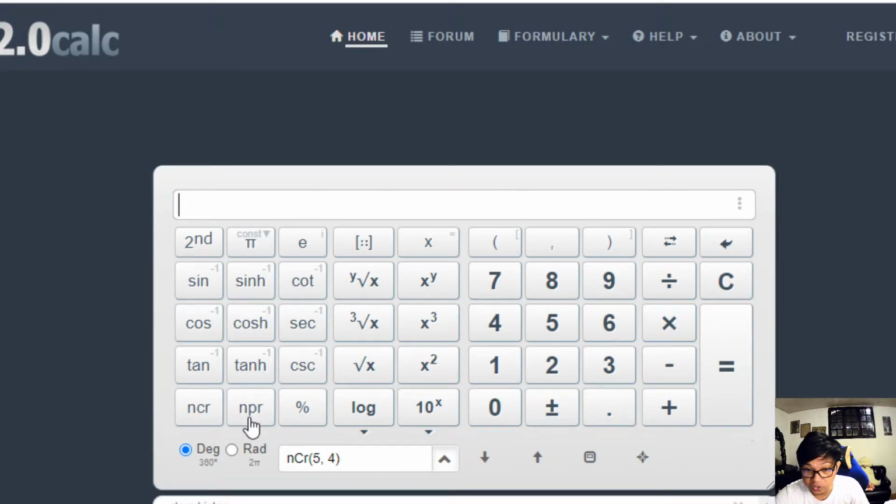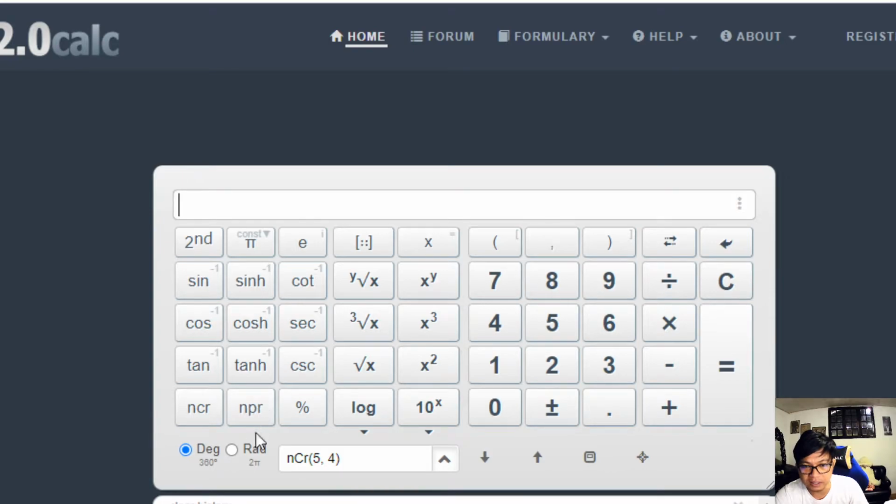Ito yung button for permutation. Now, in your calculator, especially if you're using scientific calculator, makikita nyo dyan sa calculator nyo, kung hindi man siya sa first function, kailangan i-shift para makita nyo yung nPr. So, ito yung hahanapin ninyo. Iba-iba yung pagpindot, depende kung anong klaseng calculator ang ginagamit ninyo.